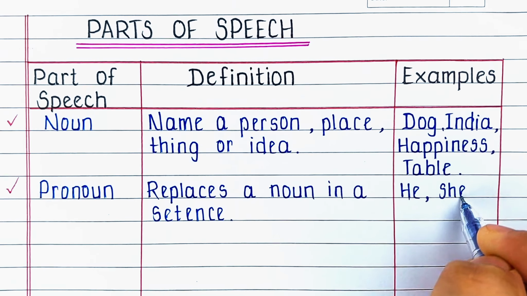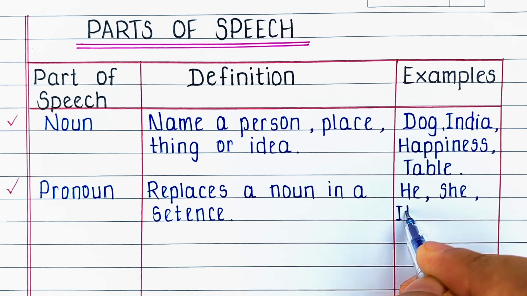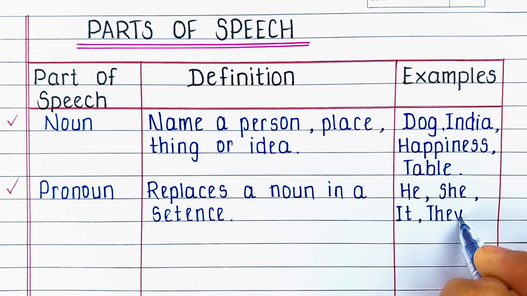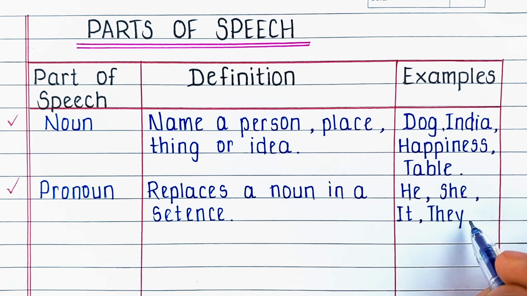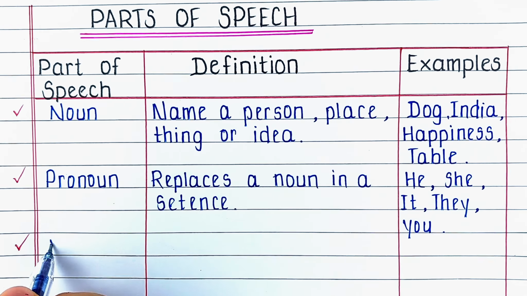He is a pronoun that can refer to a boy or man. Next is she, which can refer to a girl or a woman. Similarly, it, they, you are all pronouns.